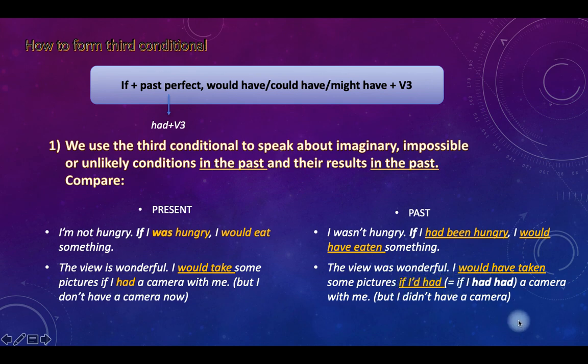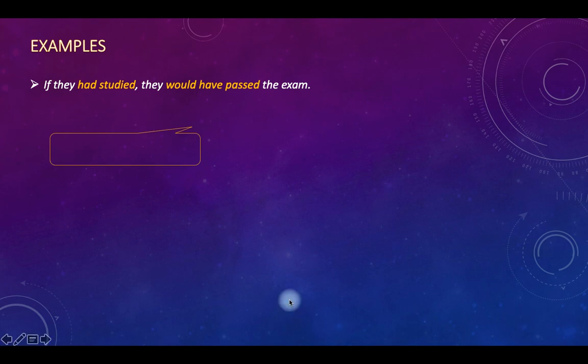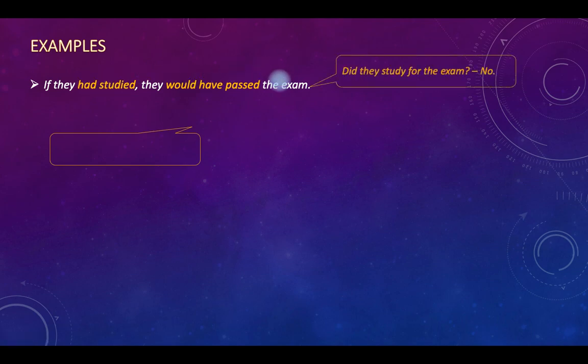Okay, I hope the difference is clear. And now let's look at some more examples. If they had studied, they would have passed the exam. Çalışsalardı sınavı geçerlerdi. But did they actually study for the exam?